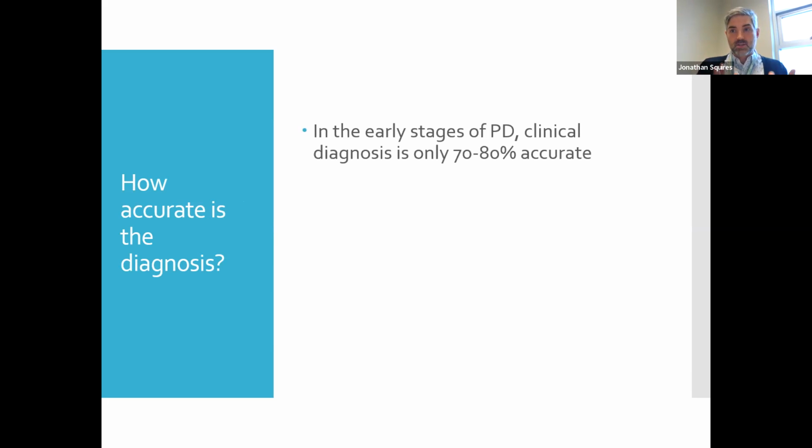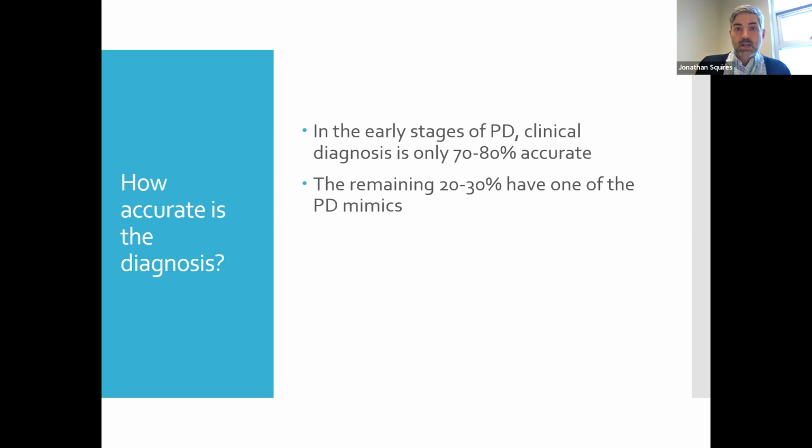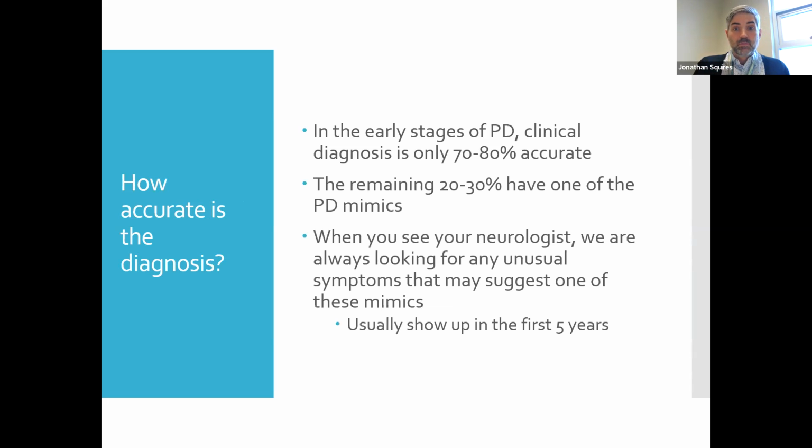The data here is a little bit murky as well, but if you look at what's out there, we get the diagnosis of Parkinson's disease right about 70–80% of the time in the first years of the disease. And then the other people who don't have that have one of those mimics that we talked about. So as I said, we're always on the lookout for these red flag features, and it becomes clear.